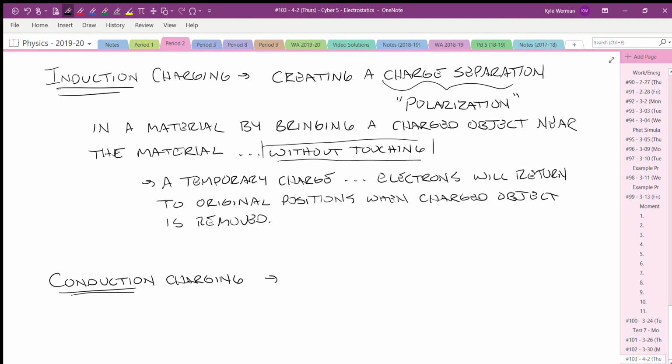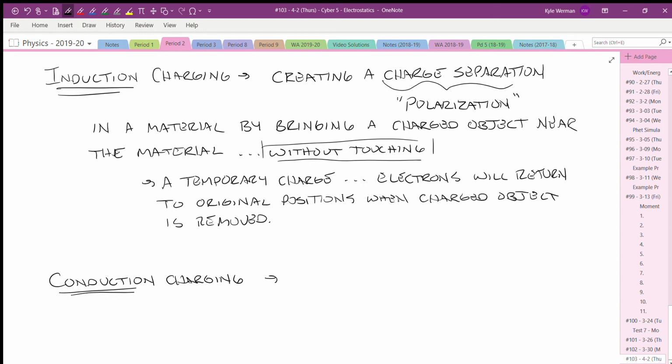If you're touching an insulator, that insulator doesn't allow electrons to flow freely, and therefore you really wouldn't create a very good charge, right? But if you touch a charged object like that charged balloon to something metal, that metal object will actually take some of those electrons from the balloon.